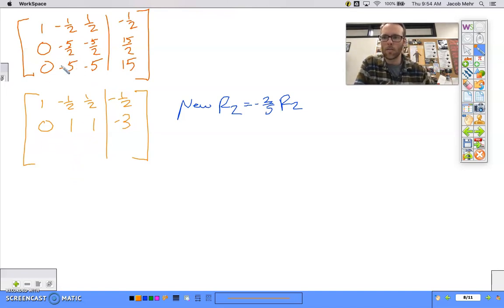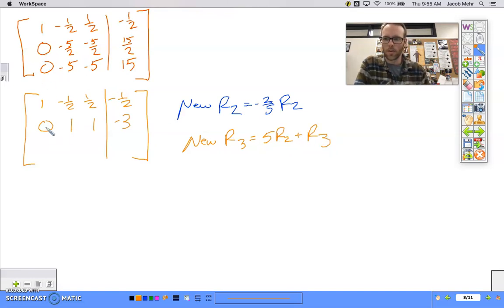We want this right there to be a 0. Okay, so how are we going to make that a 0? We're going to take our new row 3, I'll just keep that in orange, to be, let's take, what do we want here? 5 times row 2 plus row 3.